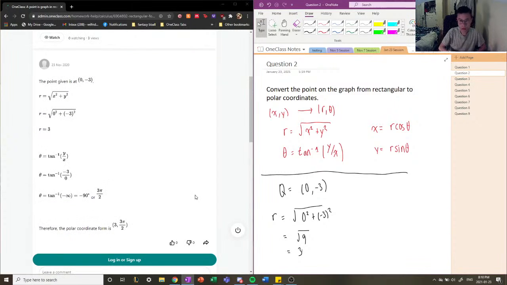So theta is equal to the tan inverse of -3 over 0, or y over x. That's equal to the tan inverse of -infinity, and this resultant is that it's equal to -90 degrees, or 3 pi over 2.